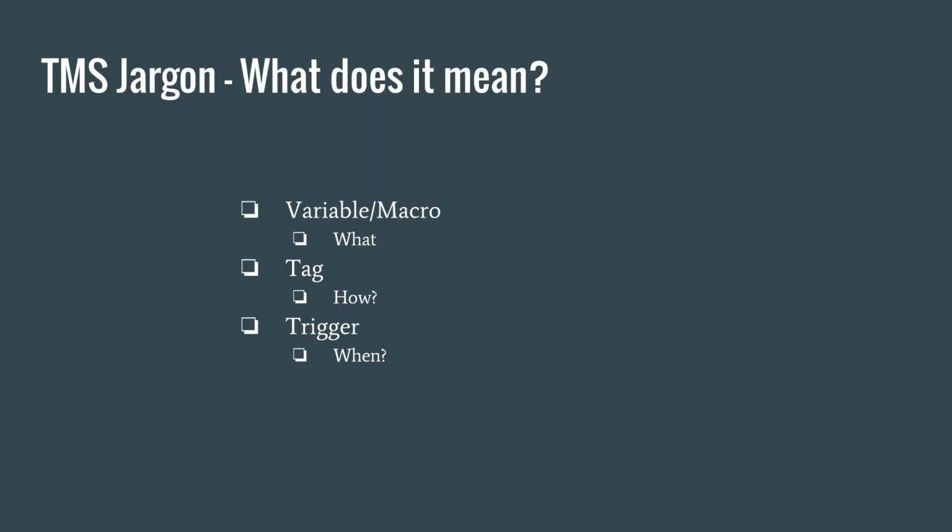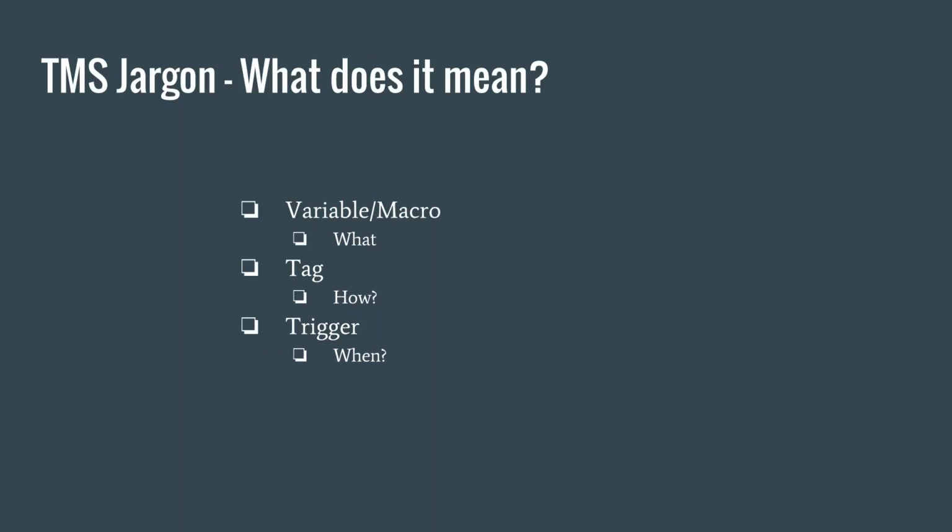If we have a Facebook pixel, there's certainly some kind of information that we want to collect about this page or this action or something that's happening, and the information is the what. What are we moving? What do we care about? Is it a button click? Where that button was? A description of that button? Maybe a user ID? That is the what that we're moving, and that's what we collect in variables or macros or that kind of object creation.